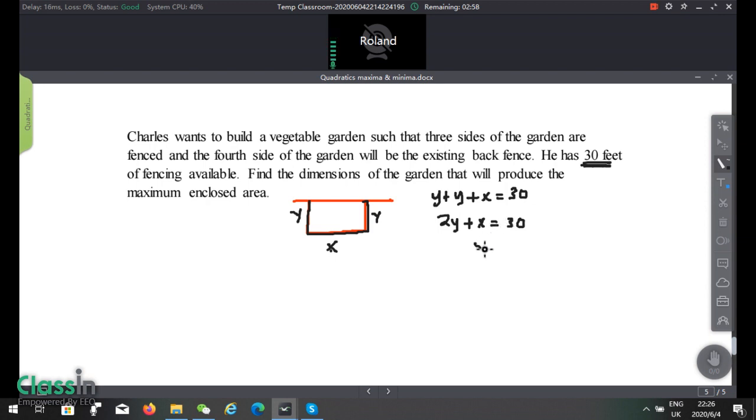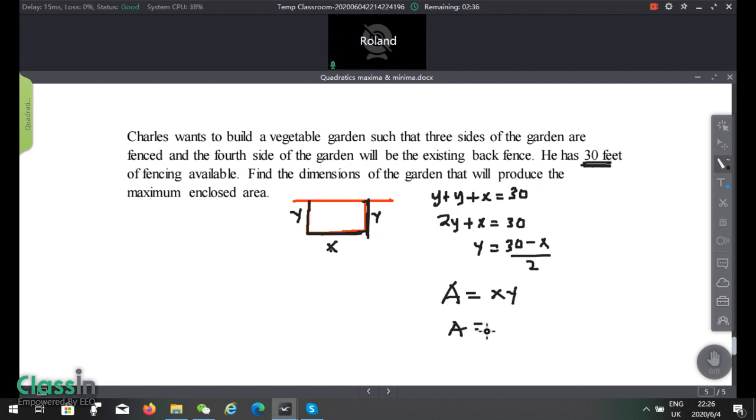So in this case, y is 30 minus x over 2. Of course, you can make x the subject. They say find the dimensions of the garden that will produce a maximum enclosed area. The area will be the length, which is x, multiplied by y. So it will be xy.